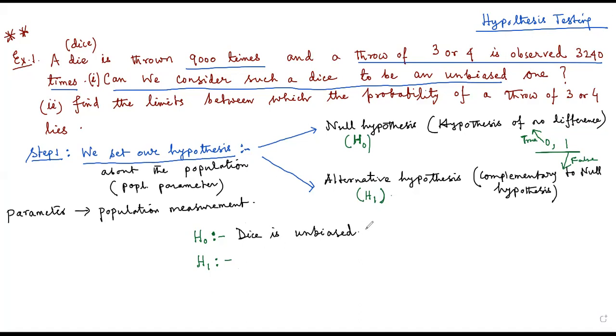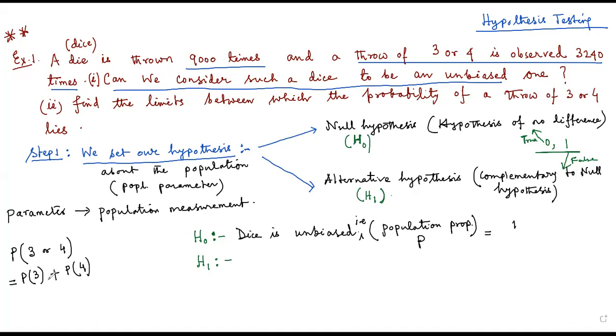And if it is so, then the population proportion with respect to the given die, if it is denoted by capital P, will be equal to 1/3. Why is it 1/3? Because the probability of getting 3 or 4 is equal to the probability of getting 3 plus the probability of getting 4.